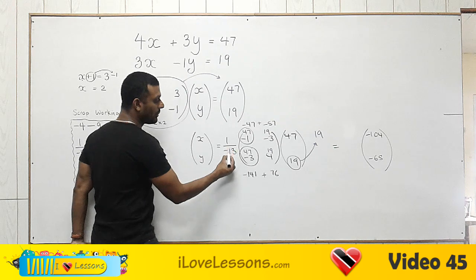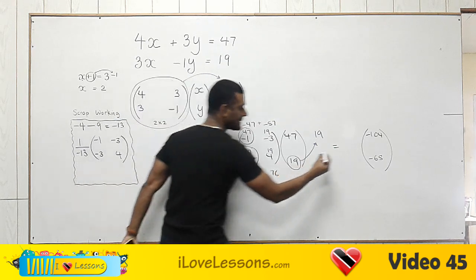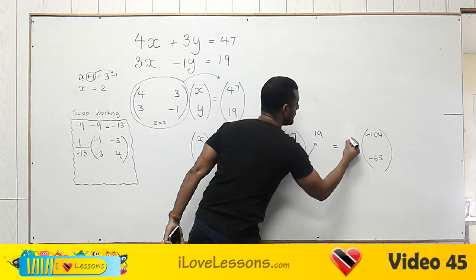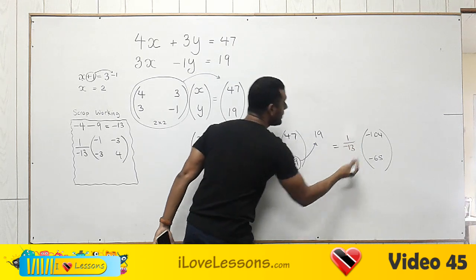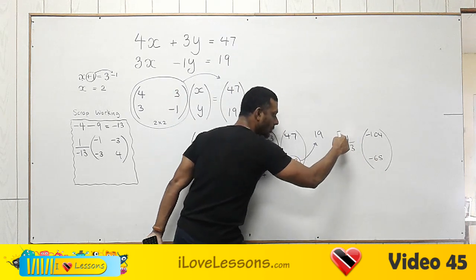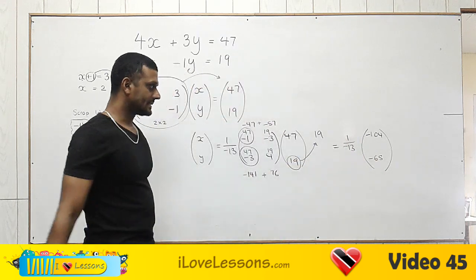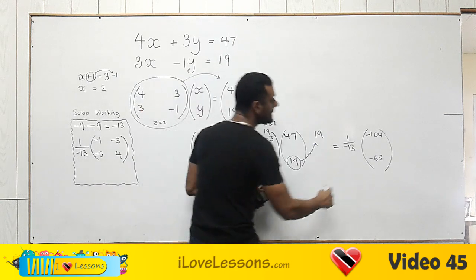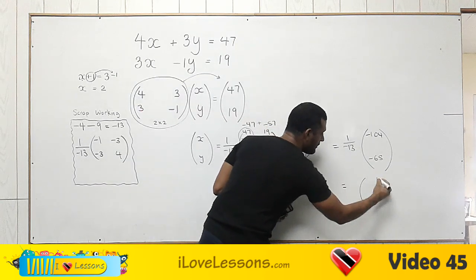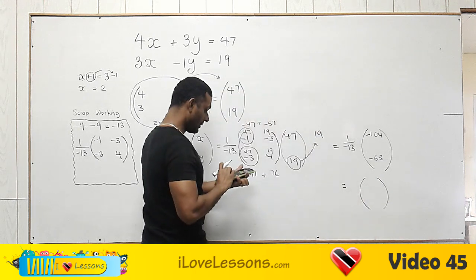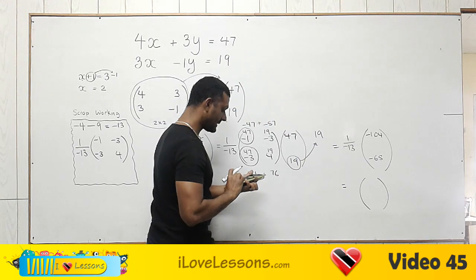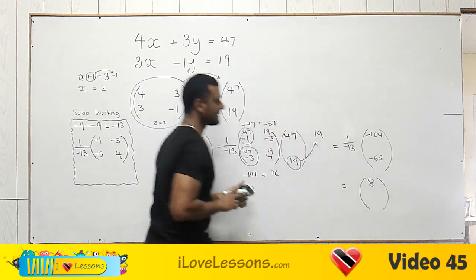But remember, we were ignoring the 1 and minus 13. All we have to do is multiply each number inside here by 1 over minus 13, right? Which is the same thing as dividing both of them by minus 13. So, if we take the negative 104 and divide it by negative 13, we will get 8.